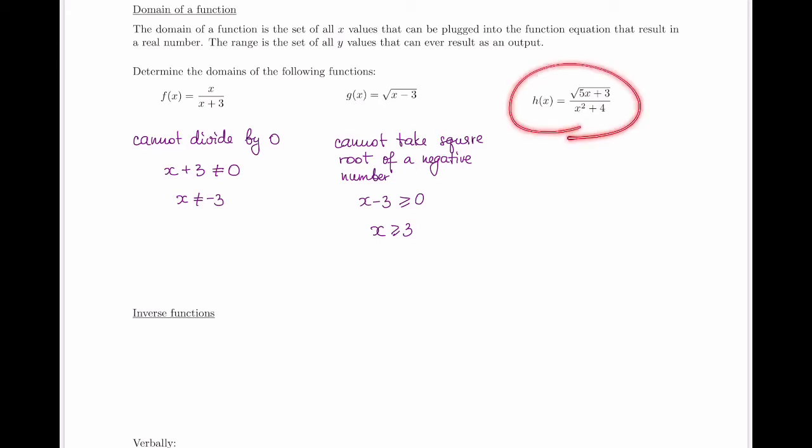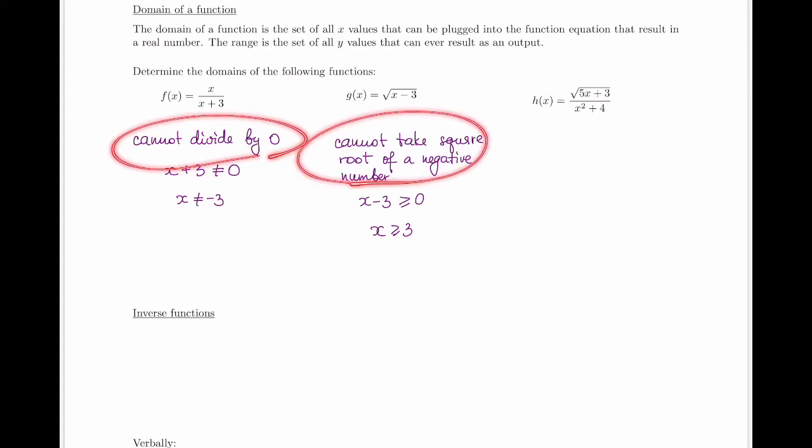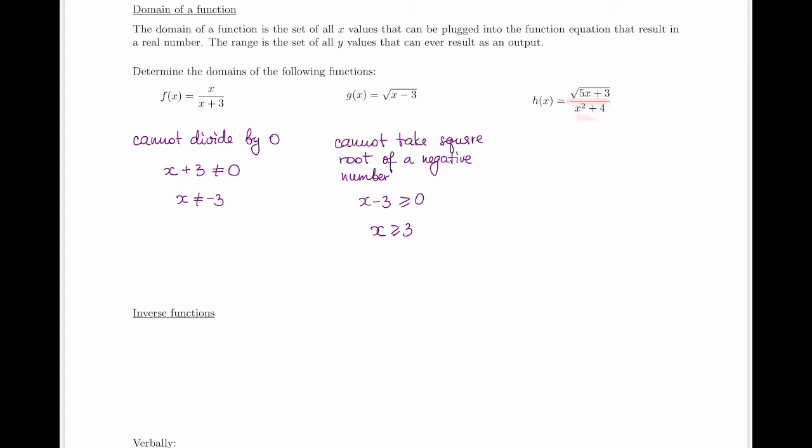Great. This last one actually has both of the aforementioned issues. It has a denominator and it has a square root, so we're going to have to make sure that none of those things are actually causing us any trouble. So first of all, we cannot divide by 0, which means that x squared plus 4 cannot equal 0. Now, there's a couple of ways to think about this.